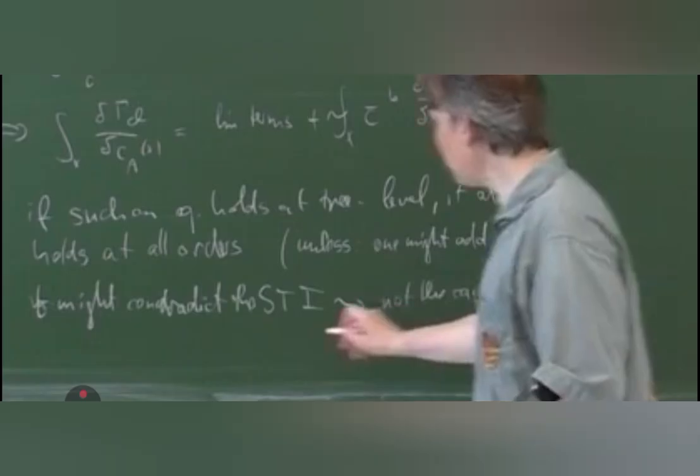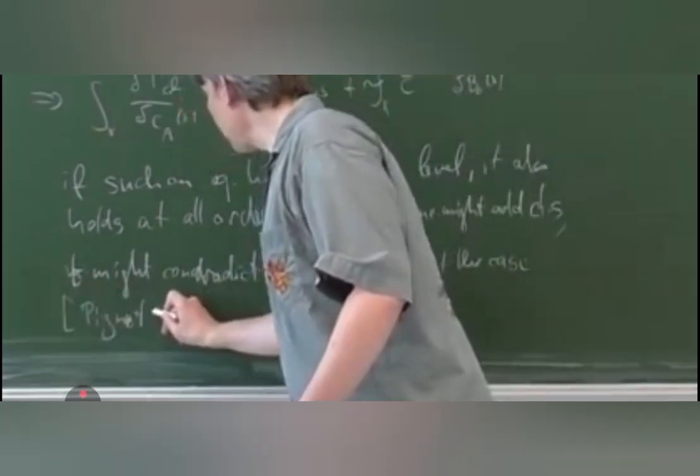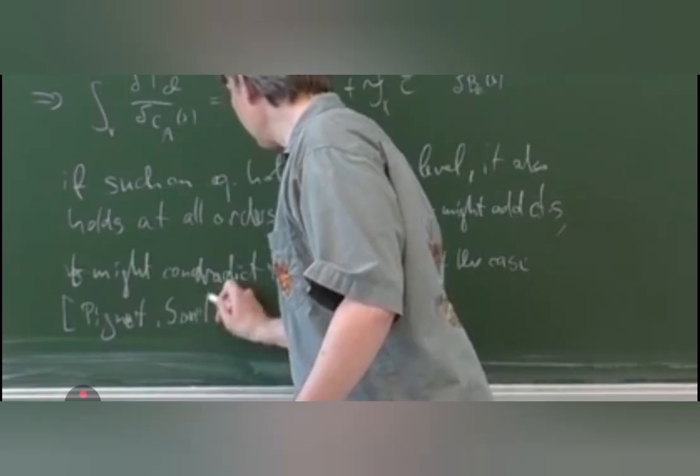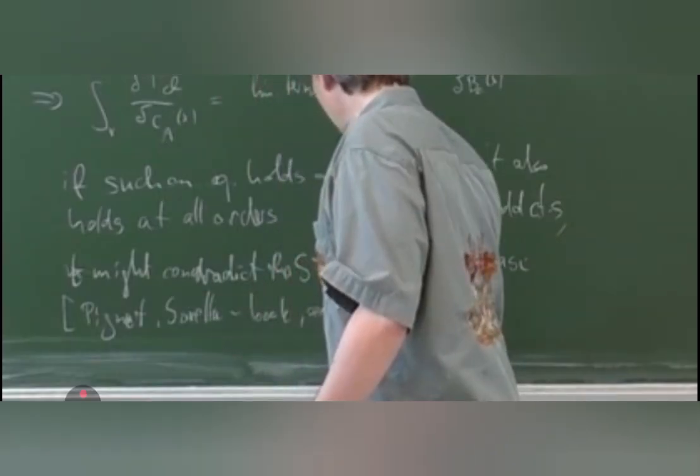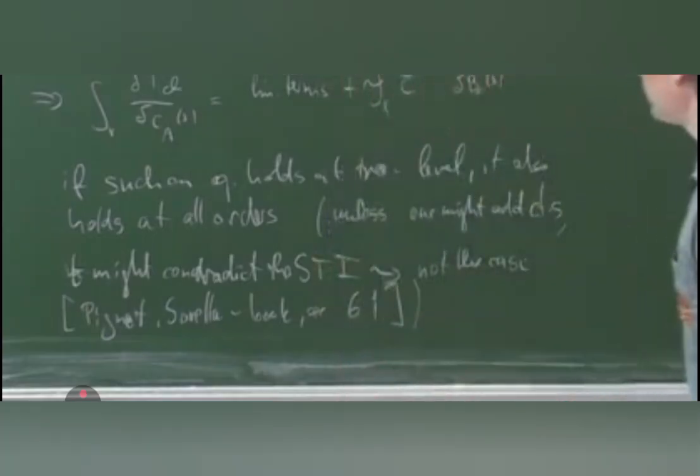And as a reference, I put here a book by P.G. Sorella, section 6.1, where this is explained. Okay, so therefore we can really simply use here this equation, and at least before adding counter terms, it is for sure valid at all orders.